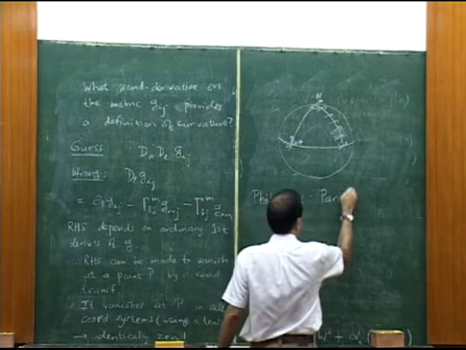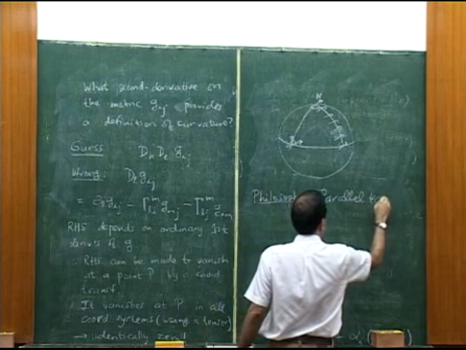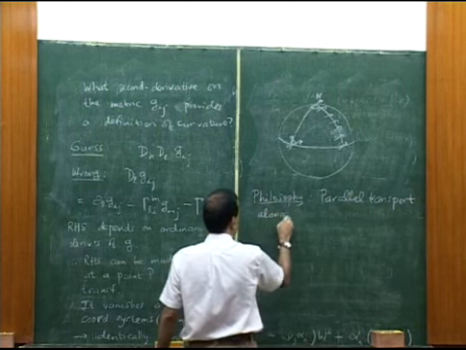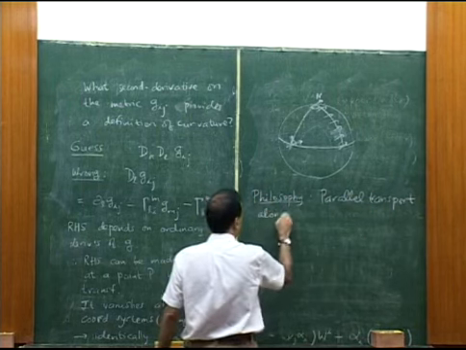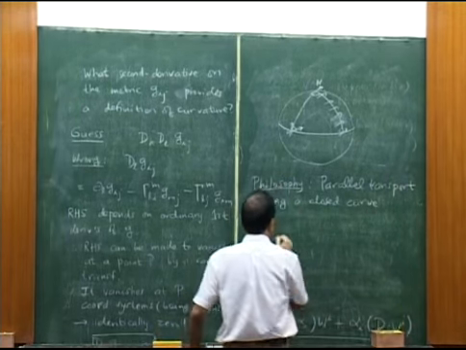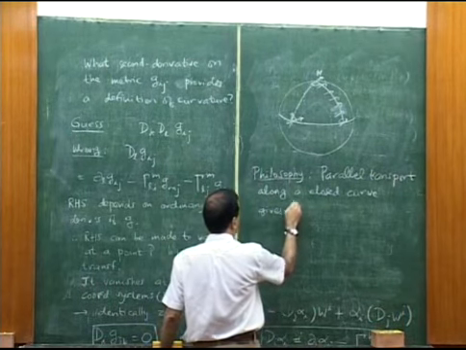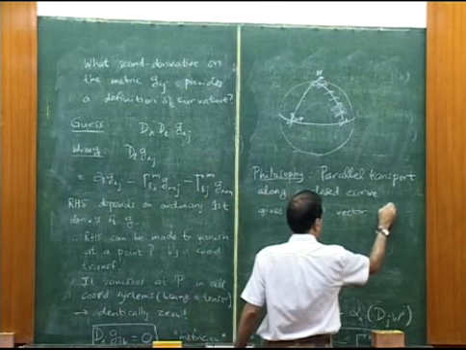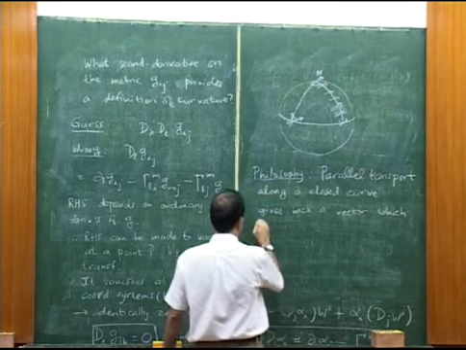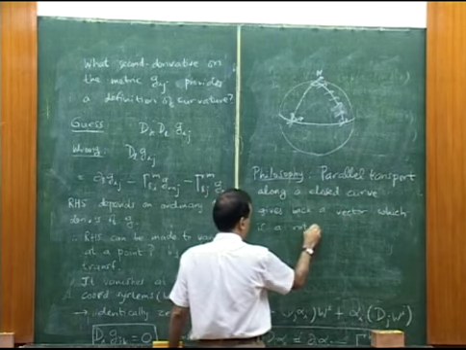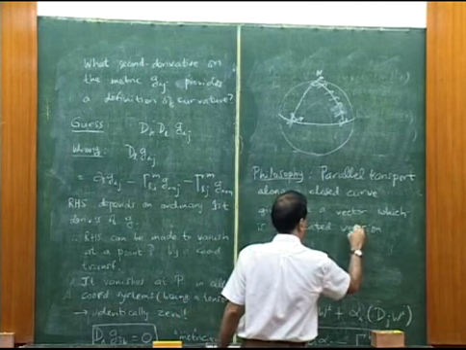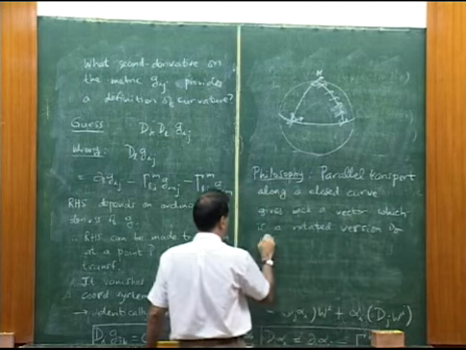Parallel transport along a closed curve gives back a vector which is a rotated version of the original.